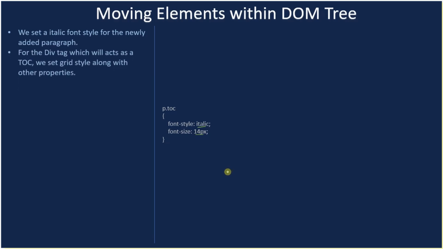For the div tag, which will act as a table of content, we set grid style along with the other properties. If you see, div table of content display, we are stating it as grid. Then we set the font family, font size, font style, and the color we are giving as blue. This is foreground, and background we are giving as light sky blue.